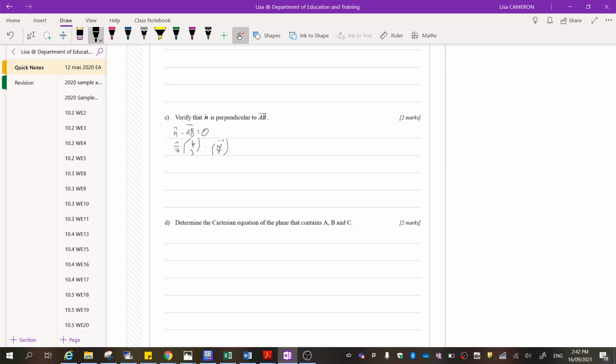You just times the two things on the end and then add them all together. So 1/7 bracket. 6 times -1 is -6. 2 times 0, that gives us 0.